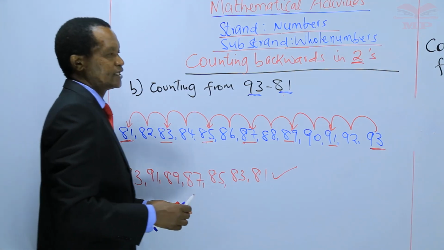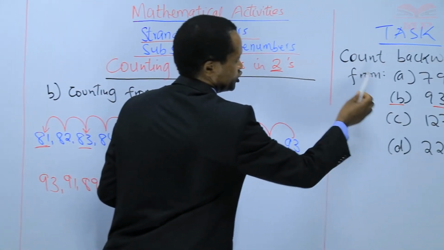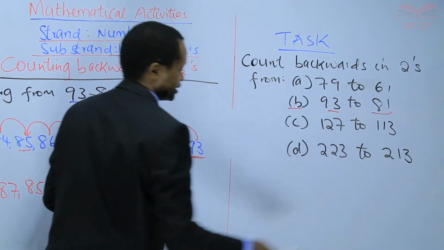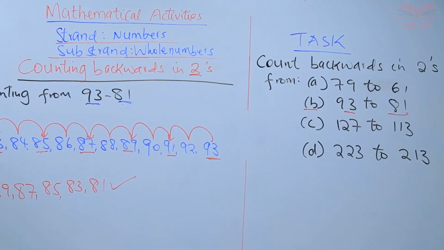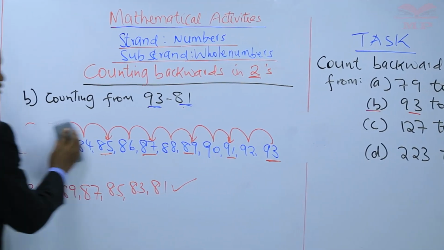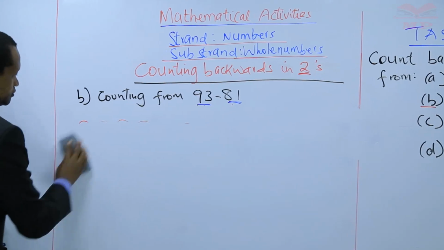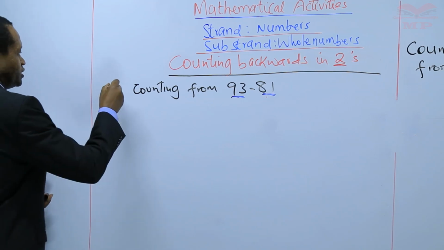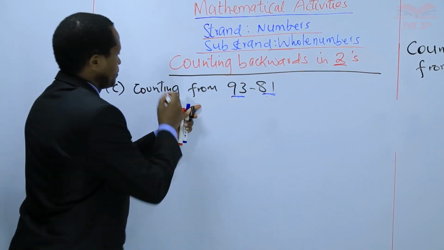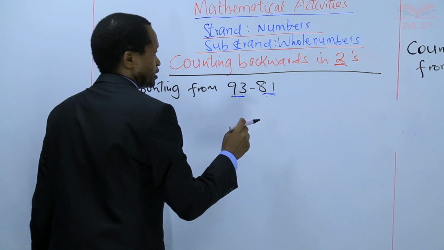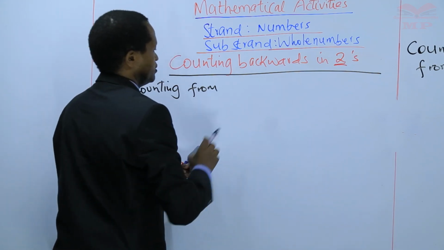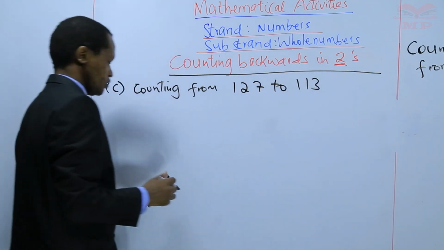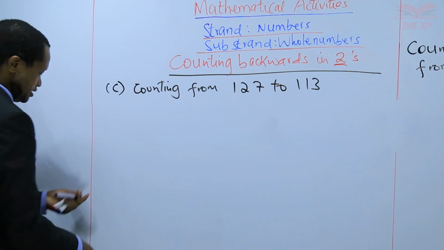We will now answer part C. C, count backwards in twos from 127 to 113. C, counting from 127 to 113.